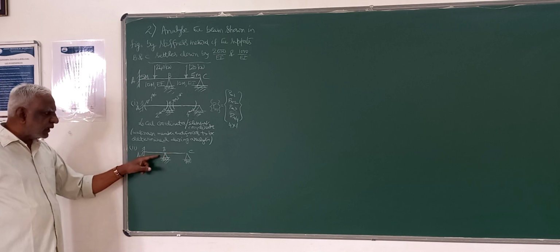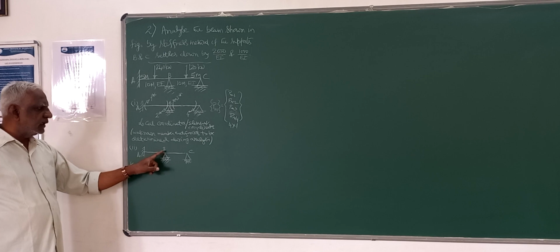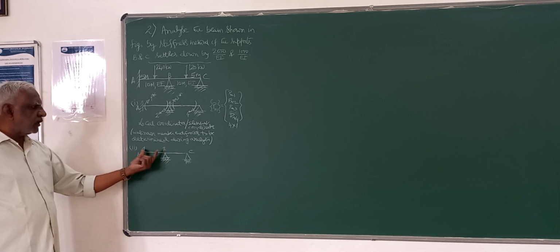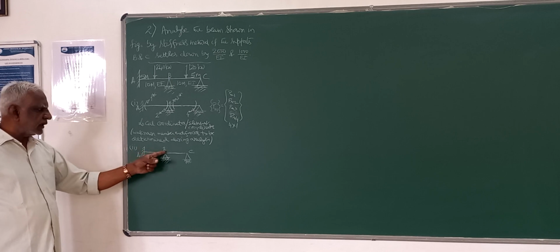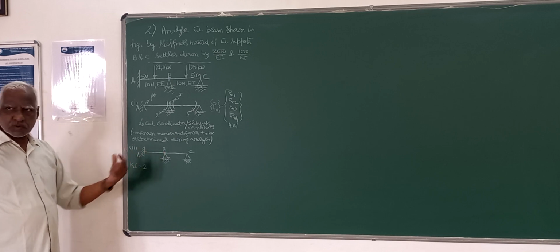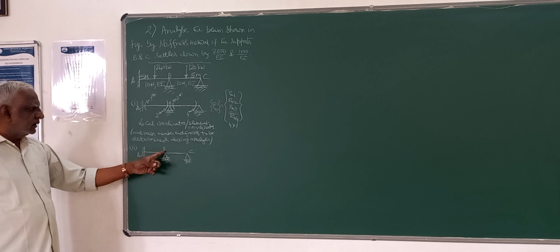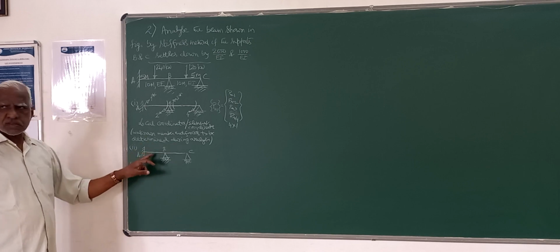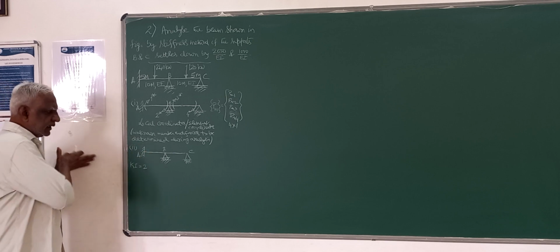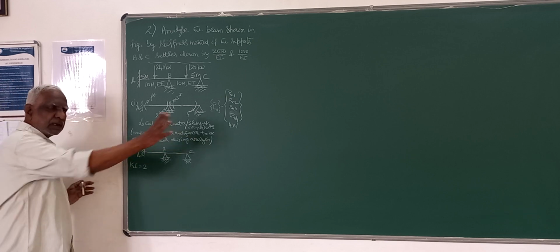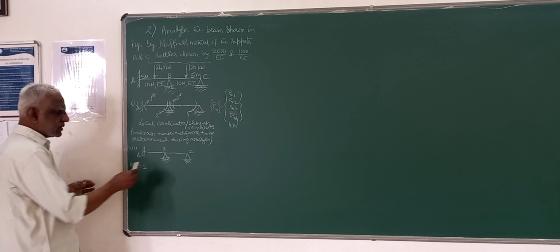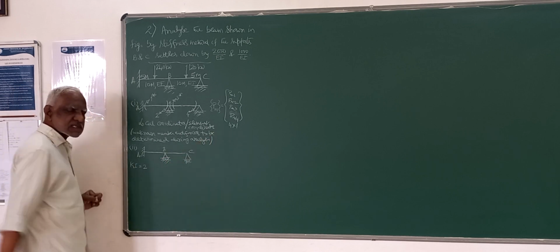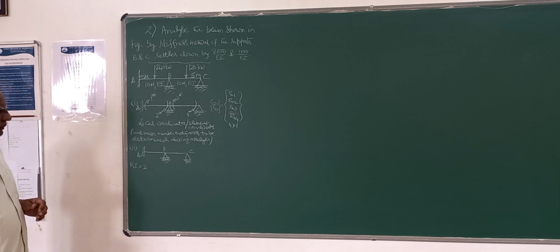But if this possible horizontal displacement occurs at joint B, then for the member AB, since we assume all members to be axially rigid, if B undergoes a displacement horizontally, then A also should undergo it, but A cannot move, so naturally B also cannot move. On similar lines, at C also the horizontal displacement will not be there.